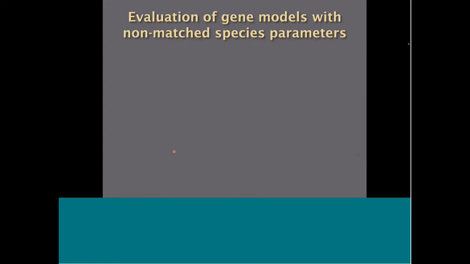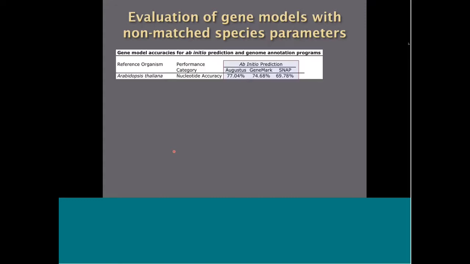I can additionally confirm those results by doing another experiment where I'm going to annotate those first-generation genomes using incorrect species parameters files. This should emulate what you would see with an either poorly trained or incorrectly trained gene prediction algorithm. So previously, when I annotated Arabidopsis thaliana, these were the results I got.